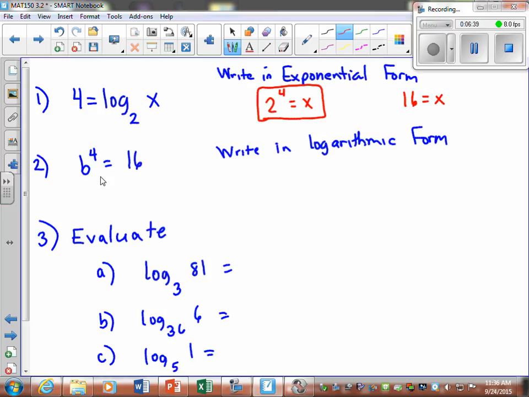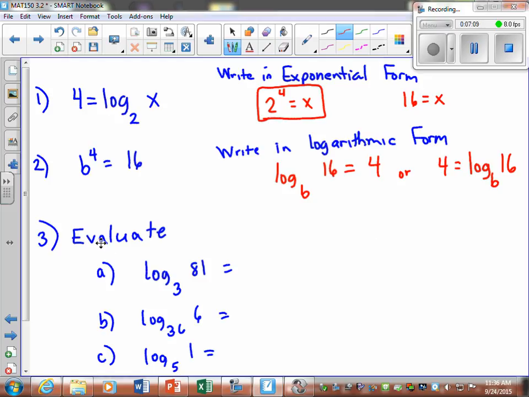But part 2 says write in logarithmic, so we want to convert from exponential to logarithmic. And check yourself, you should get log base b of 16 is equal to 4. Or if you had it in the other format, it could be this. These two are equivalent, so either one of these is correct.